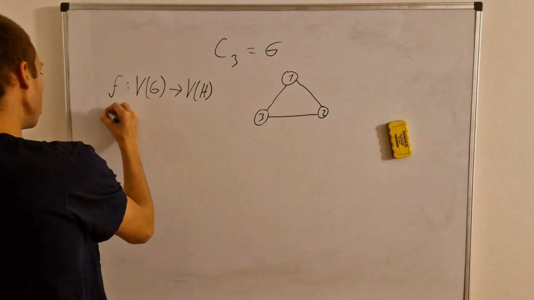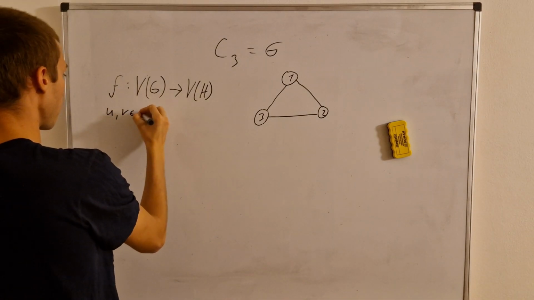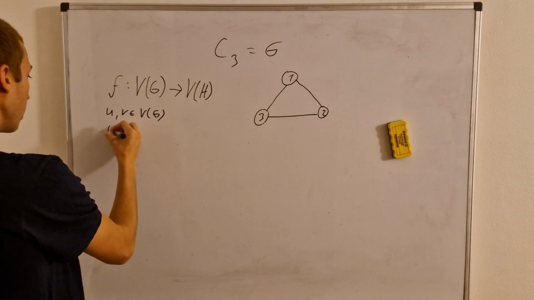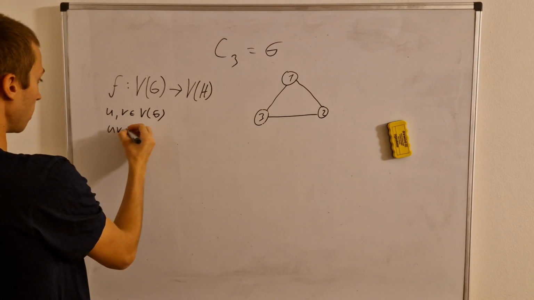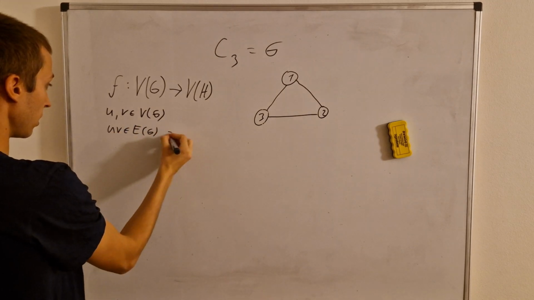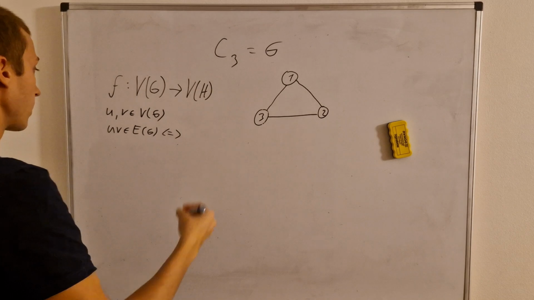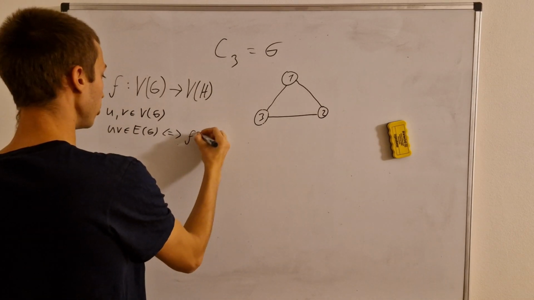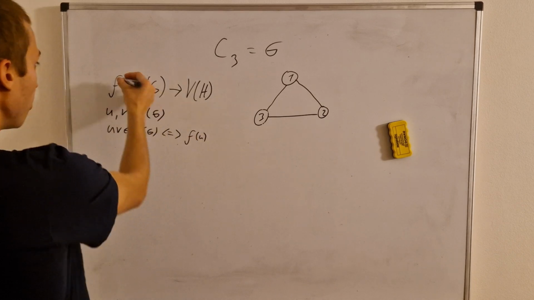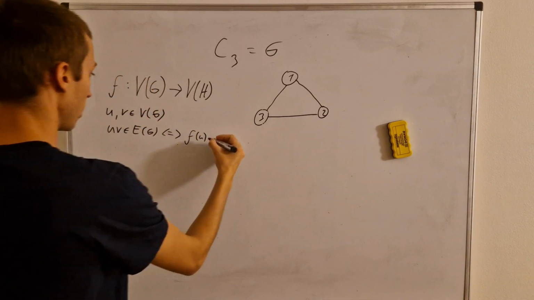If we have some u and v in the vertex set of G, and then we have the edge uv in the edge set of G, that can be only if we also have f of u and f of v as an edge under the isomorphism function f.